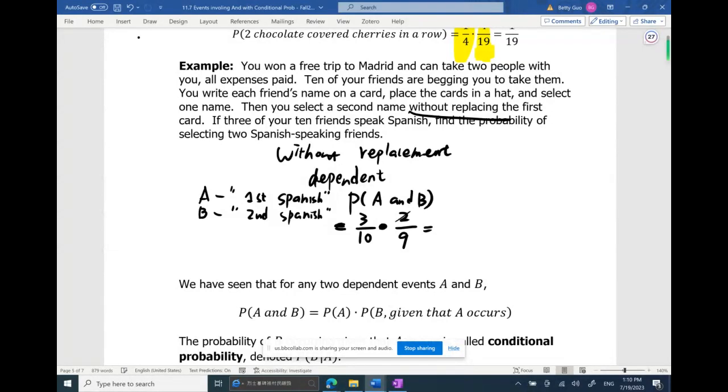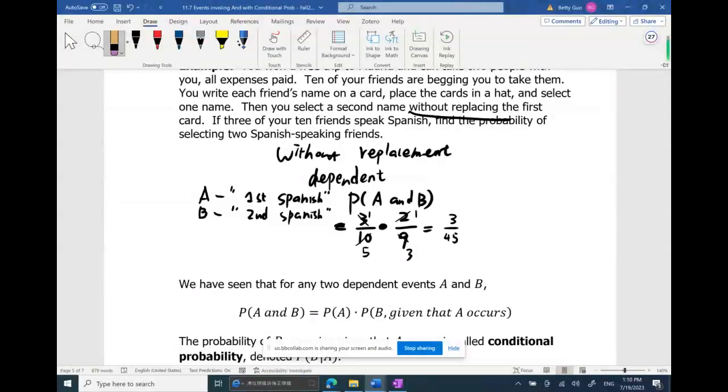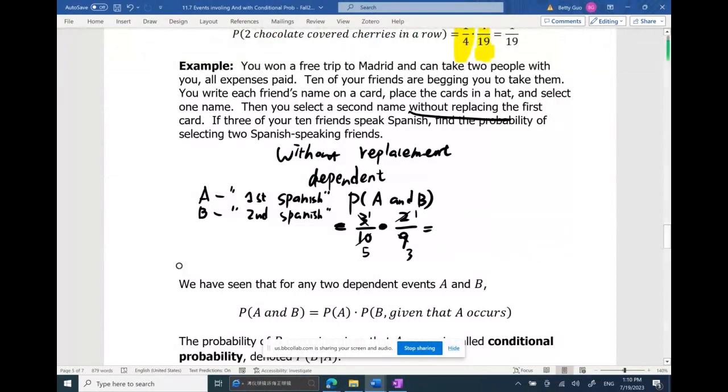Butterfly method: 2 and 10 have a GCF of 2, so 2 becomes 1, 10 becomes 5, and our result is 3 over 45. Oh, actually, my bad. This is 3 becomes 1. Yeah, another butterfly in the diagonal direction. 3 becomes 1, 9 becomes 3. So we have 1 over 15.